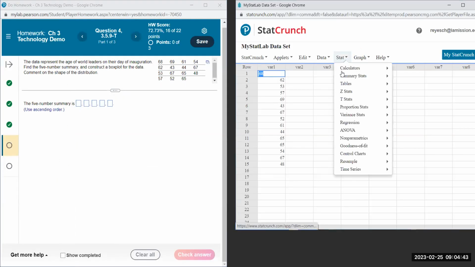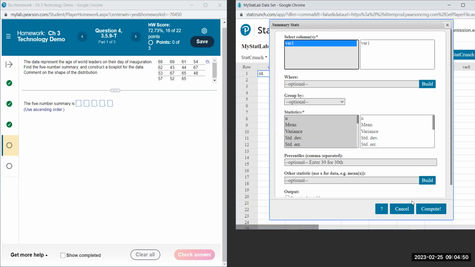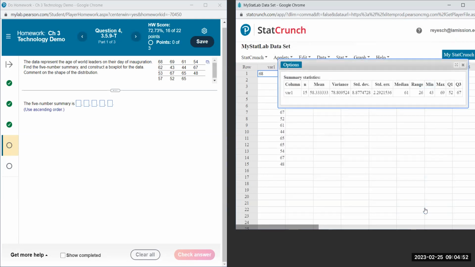Okay, so we're going to go to stats, summary stats, columns. Select variable 1 and then compute. If you just go by the default ones that are going to show up.